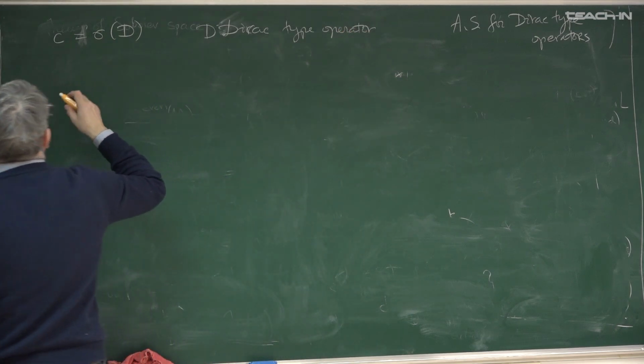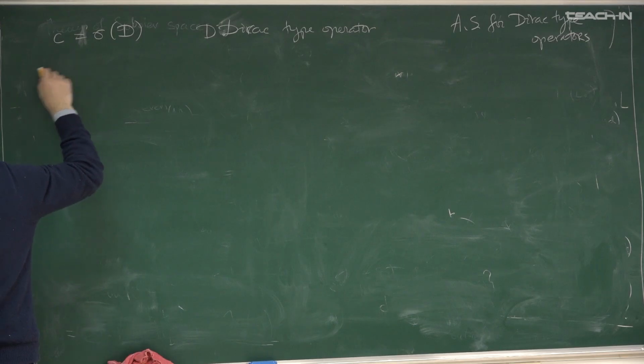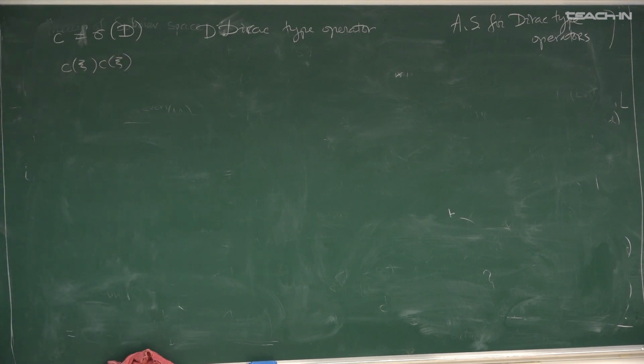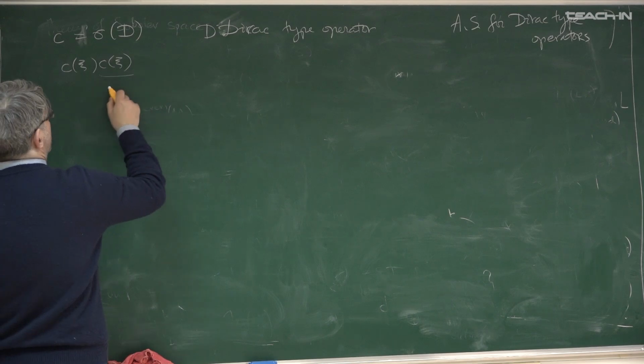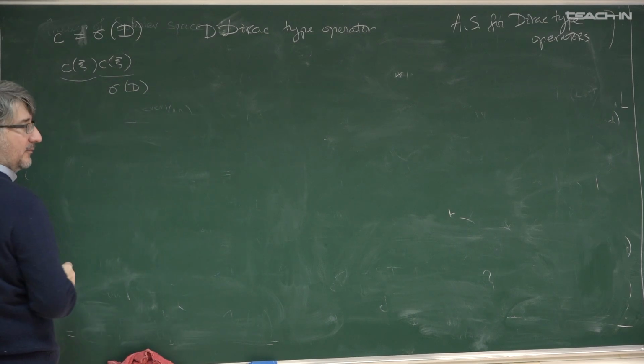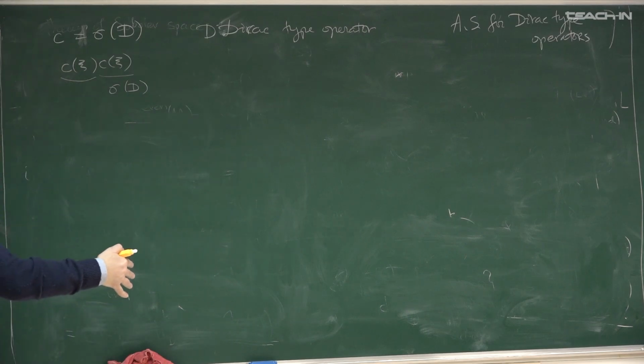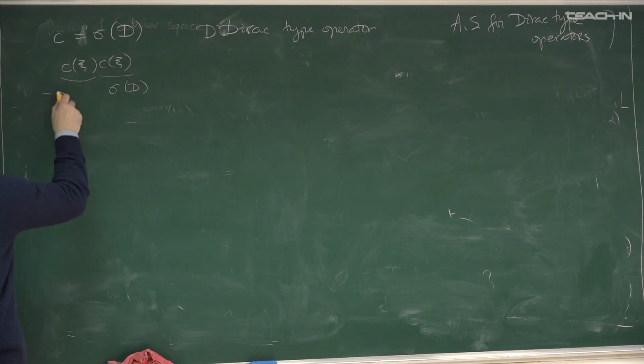Okay. So what can we say about C of xi composed with C of xi? We apply C of xi twice. What can be said about that? This one is the symbol of D. And this one is also the symbol of D, but I cannot multiply D and D again, yes? Yes, it's minus the symbol of D star.